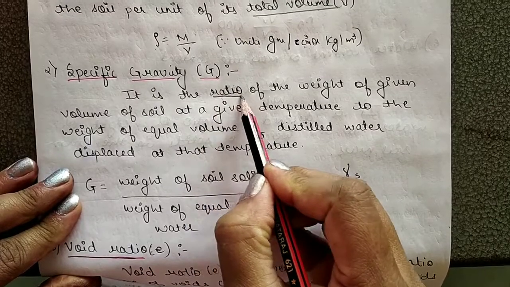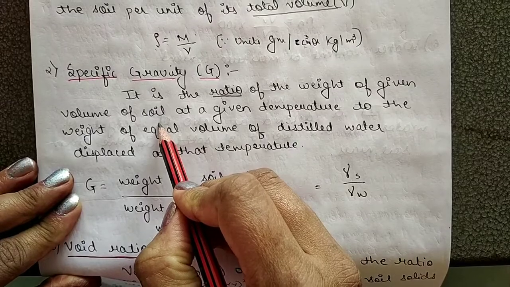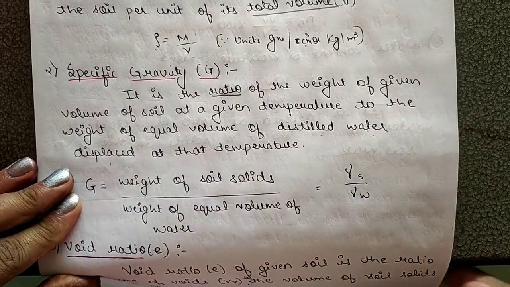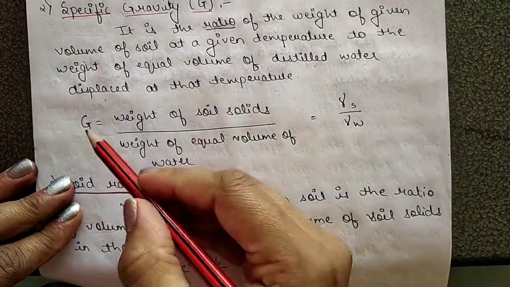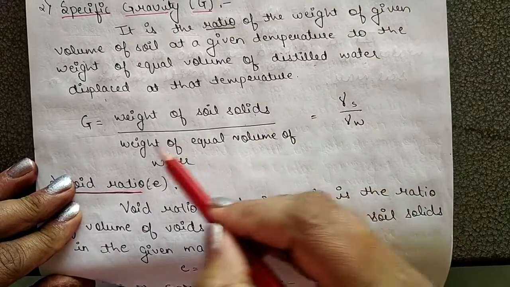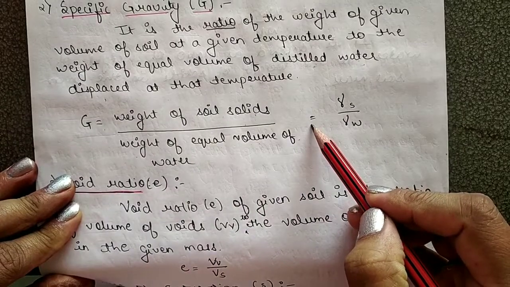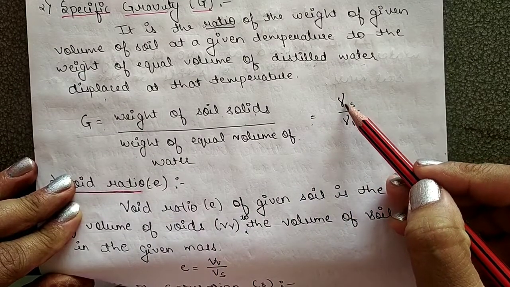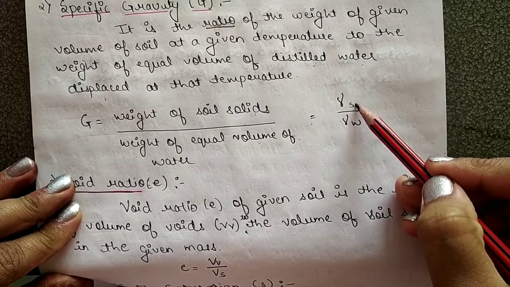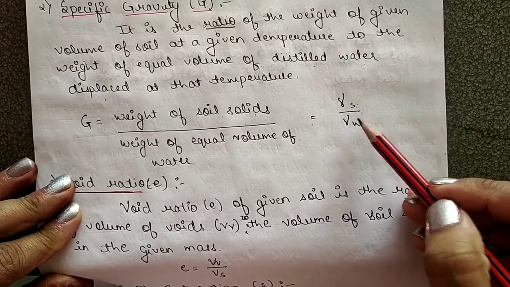The formula is G equals weight of the soil solids by weight of the equal volume of water. In symbols, gamma S, which means weight of the soil solids, divided by gamma W, which means weight of the equal volume of water.